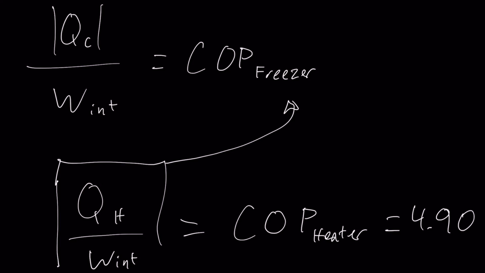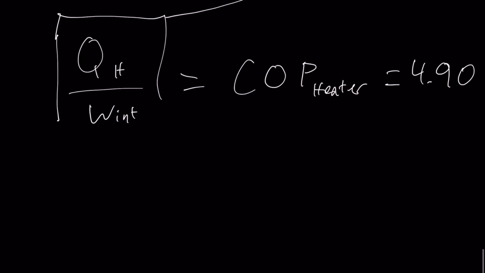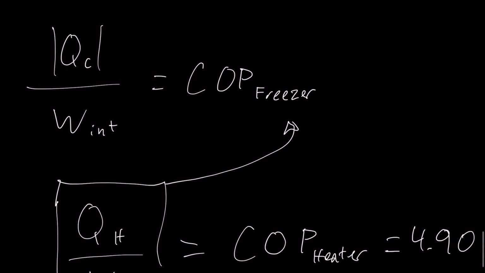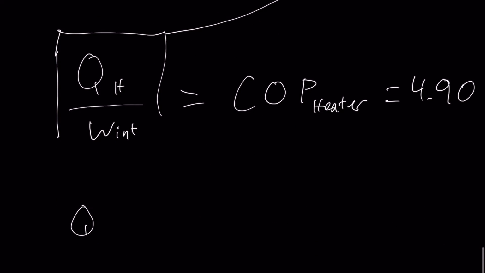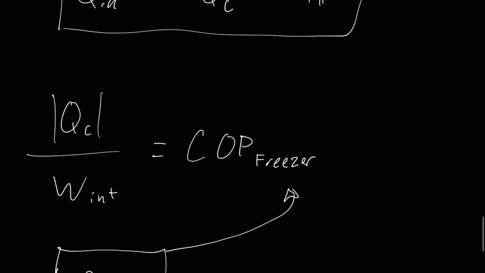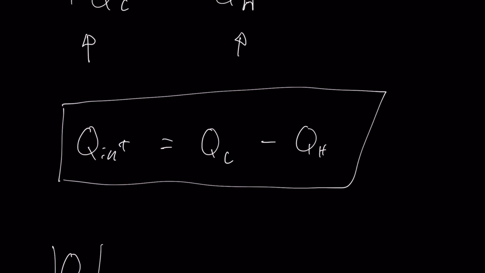Well, here's a nice little thing. We can rewrite Q hot because we know its relationship to Q cold. We know that Q internal equals Q cold minus Q hot.